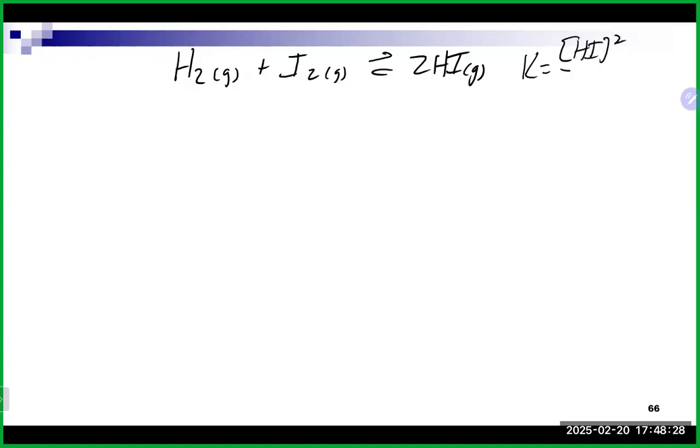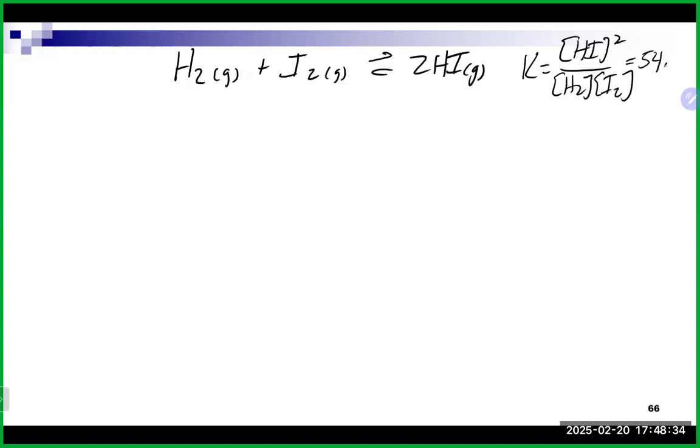So we'll rewrite my equation here, H2 plus I2 going to 2HI. We can do our equilibrium expression, which is pretty much the same as our Q we just did there: HI squared divided by H2 concentration and I2 concentration.